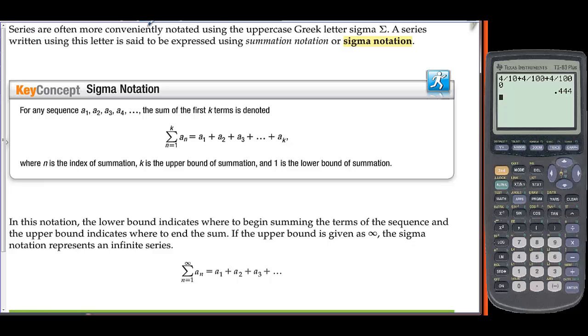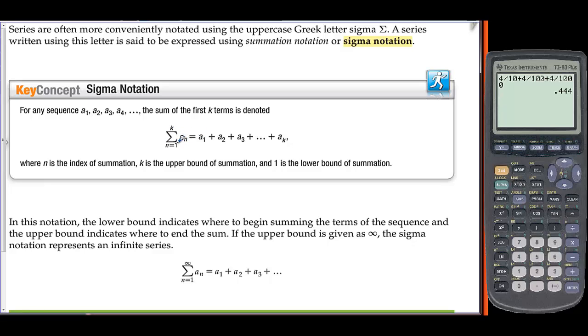Series are often more conveniently notated using the uppercase Greek letter sigma. A series written using this letter is said to be expressed using summation notation or sigma notation. For any sequence, a sub 1, a sub 2, a sub 3, a sub 4, the sum of the first k terms is denoted by the sigma notation, n equals 1 to k of a sub n.